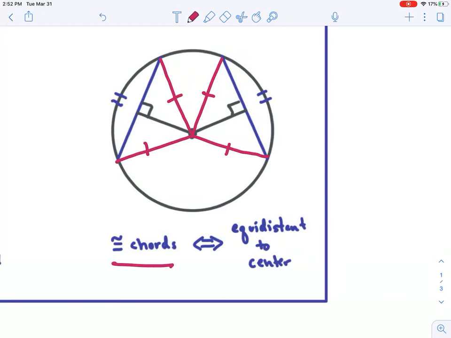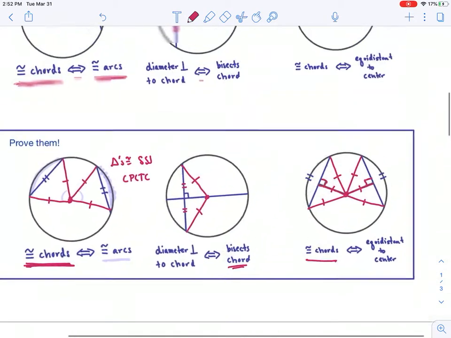I've got 4 congruent triangles. Yeah, this would have to be perpendicular because this point is equidistant to the endpoints, so it's on the perpendicular bisector. Those 2 triangles are congruent, and that would be on the perpendicular bisector.